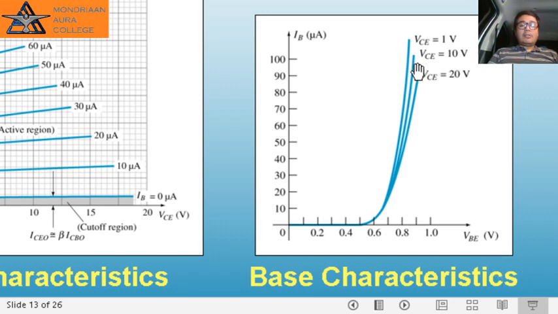Okay. So, mag-focus muna tayo dito sa curve na nasa gitna. Yung VCE is equal to 10 volts. What will happen to your I sub B habang ini-increasean natin yung V sub BE natin? Okay. This graph represents yung relationship between I sub B and V sub BE.